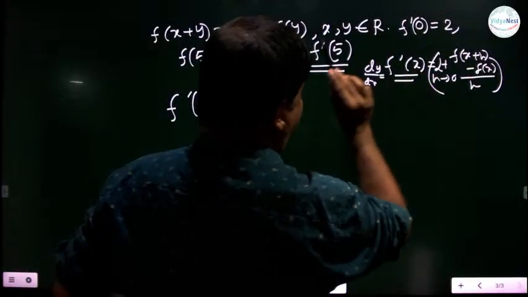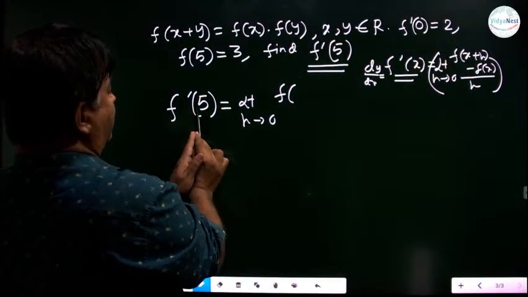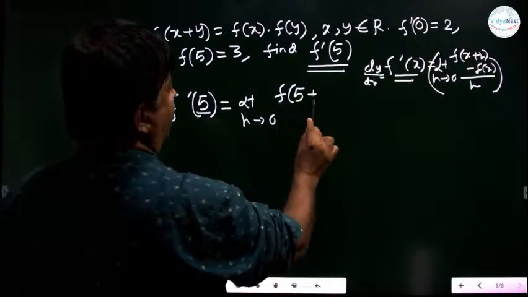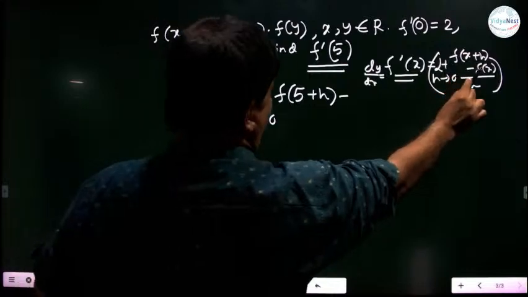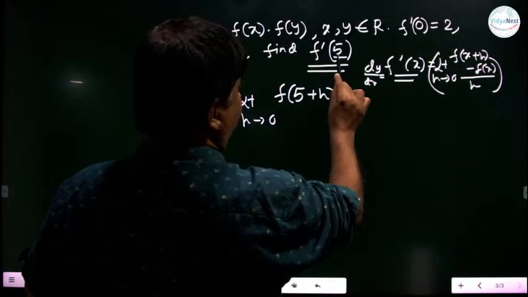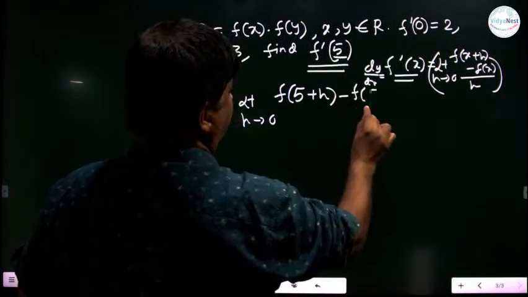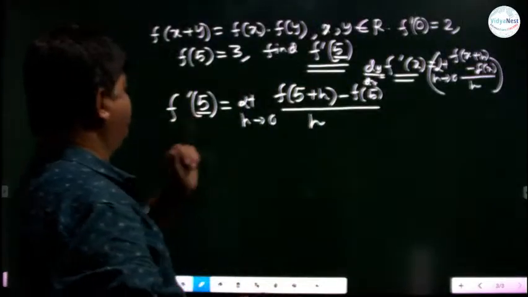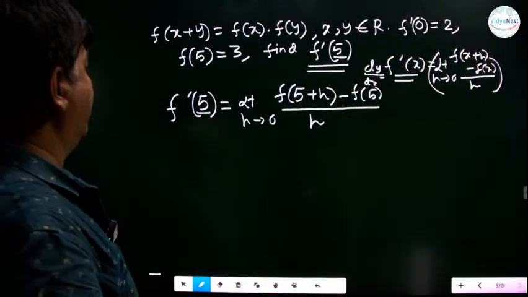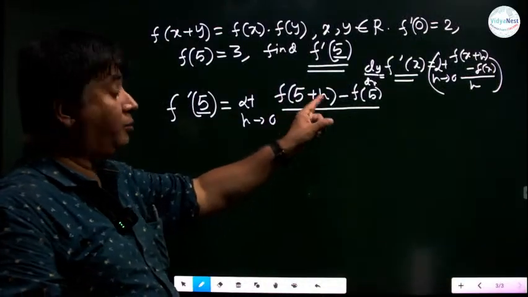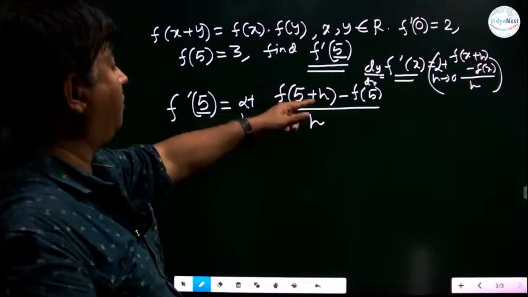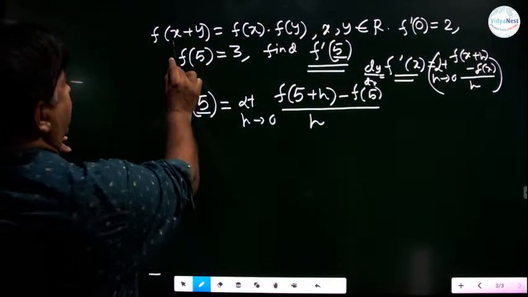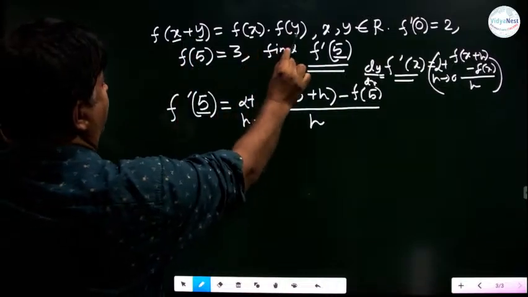F(x plus h)? No. Right now, in place of x, what is written? 5. 5 plus h, minus f(x)? No. We are told to put 5. So, this is our primary statement. Now, how to expand it? F(5 plus h). Is there any clue given in the question? Yes. x plus y, f(x) and f(y).